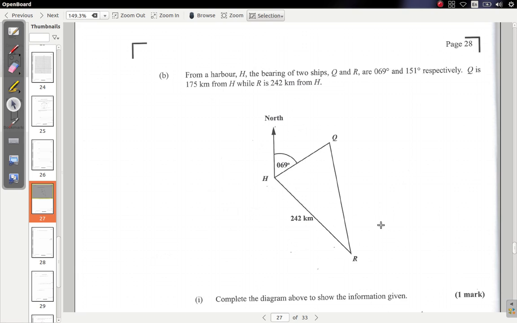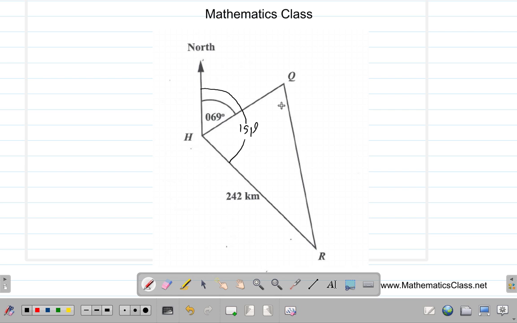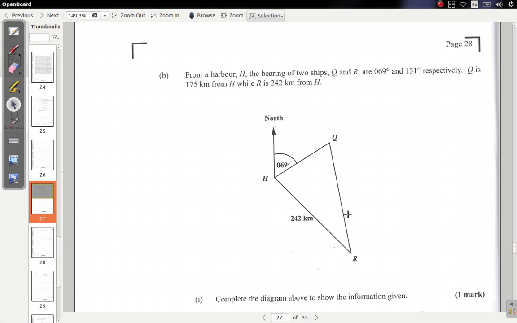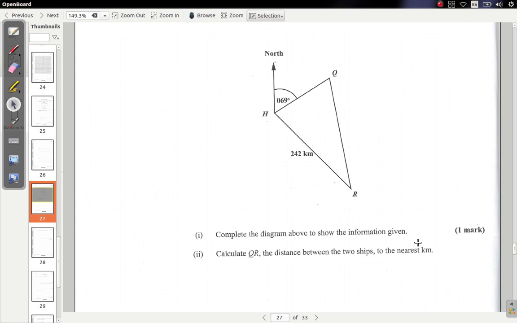And then they say Q is 175 kilometers from H, so you write down the 175 kilometers. Copy the diagram, show the information given, alright?